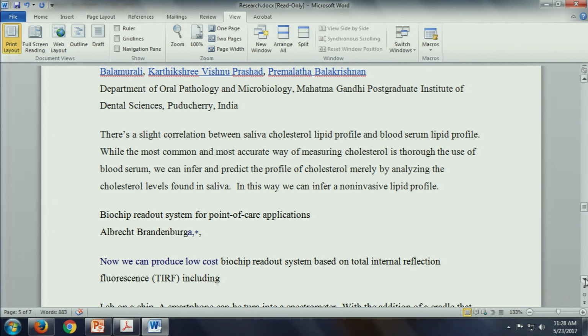There is a slight correlation between the saliva lipid profile and the blood serum lipid profile. It is our job to find out what it is. While the most common and most accurate way of measuring cholesterol is through blood serum, we can infer and predict the profile. This does not replace anything, it only adds on to it.